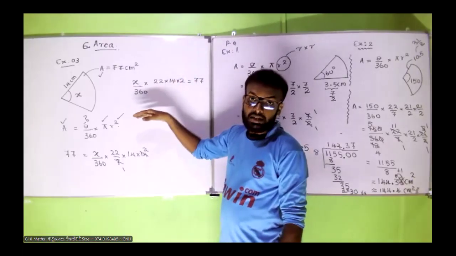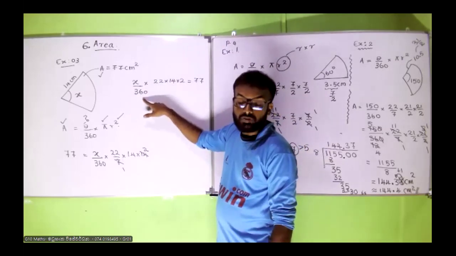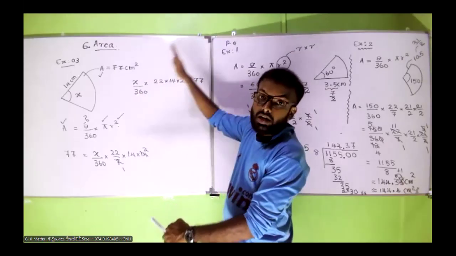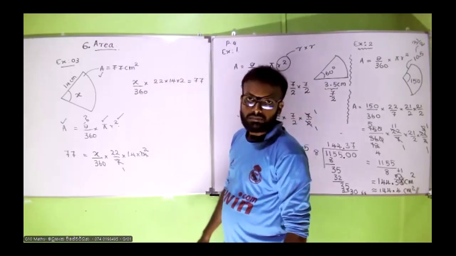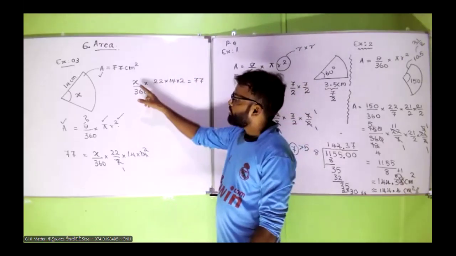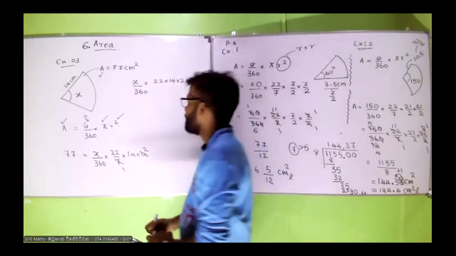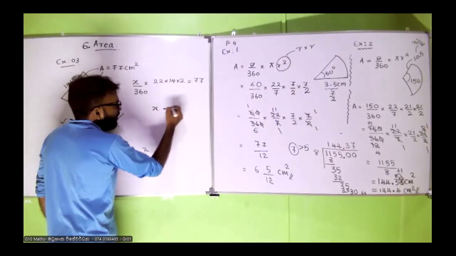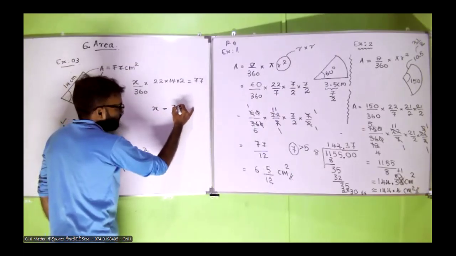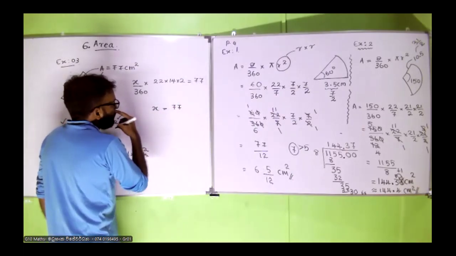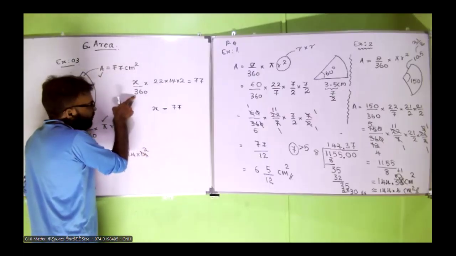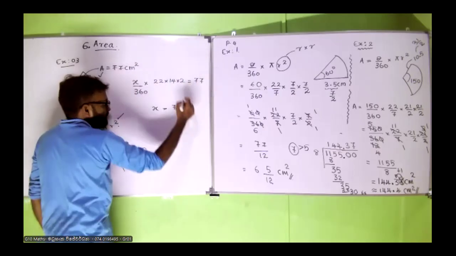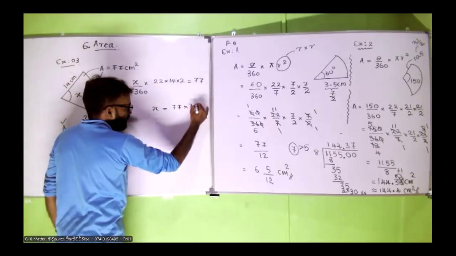All the things in the denominator go to the numerator of the right hand side. So that at once you can make sure your x is the subject. x equals. Here you already have 77. What is in the denominator of your left hand side? 360. Take it to the other side, it goes to the numerator. Done.